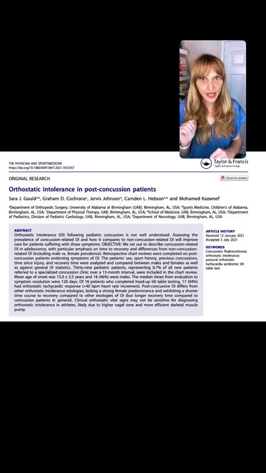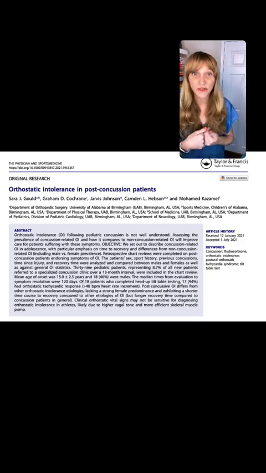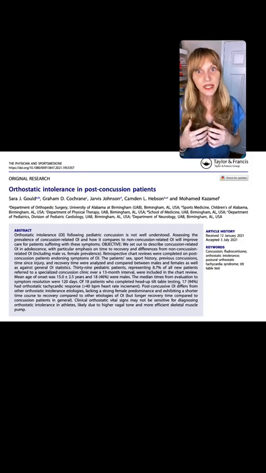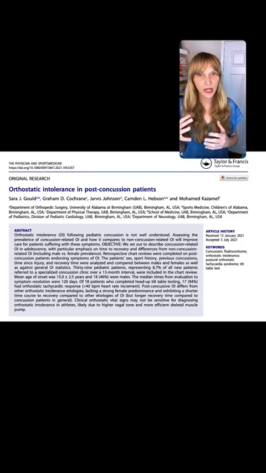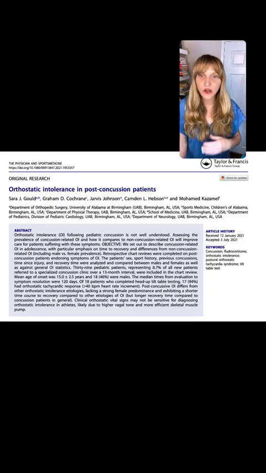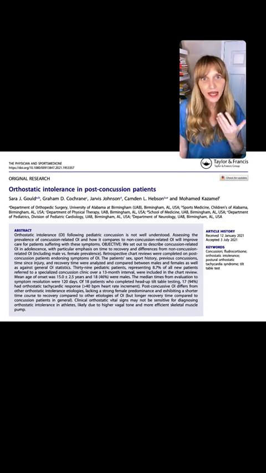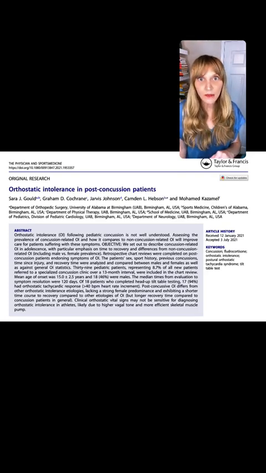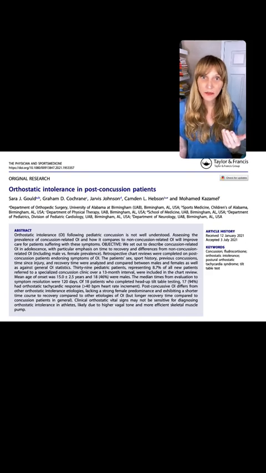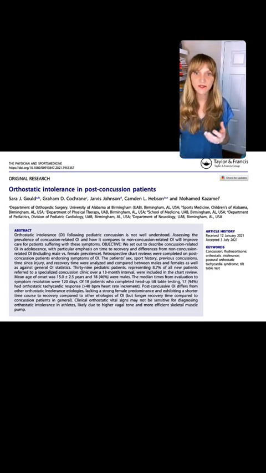Now, a few key things that they did here. So again, this is looking at a measure of their autonomic nervous system. They did it very systematically with the head-up tilt table test. I know not everybody has access to that. They did say the active stand test, which is 10 minutes, is also a more sensitive test.